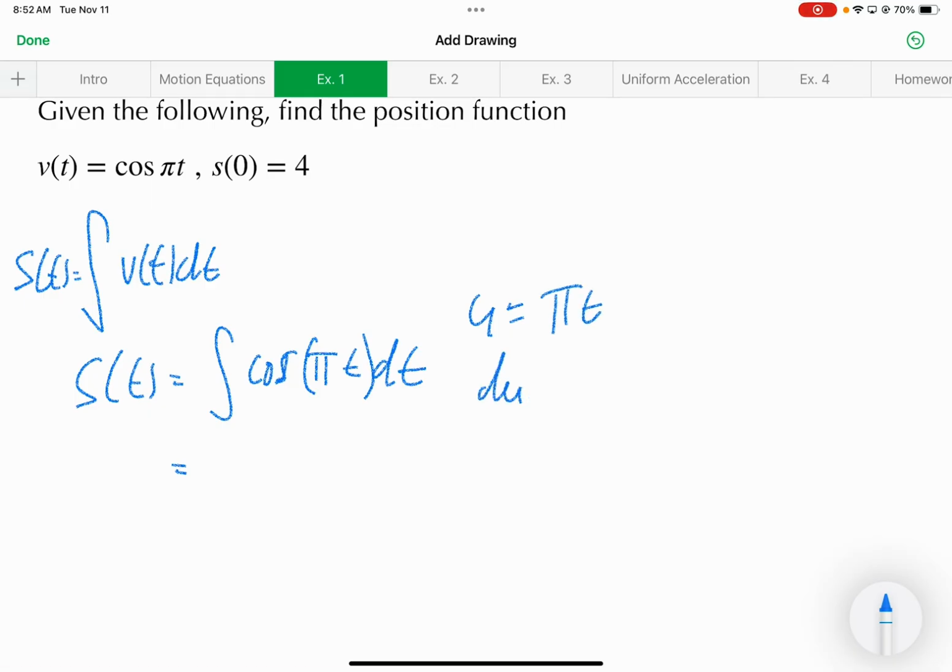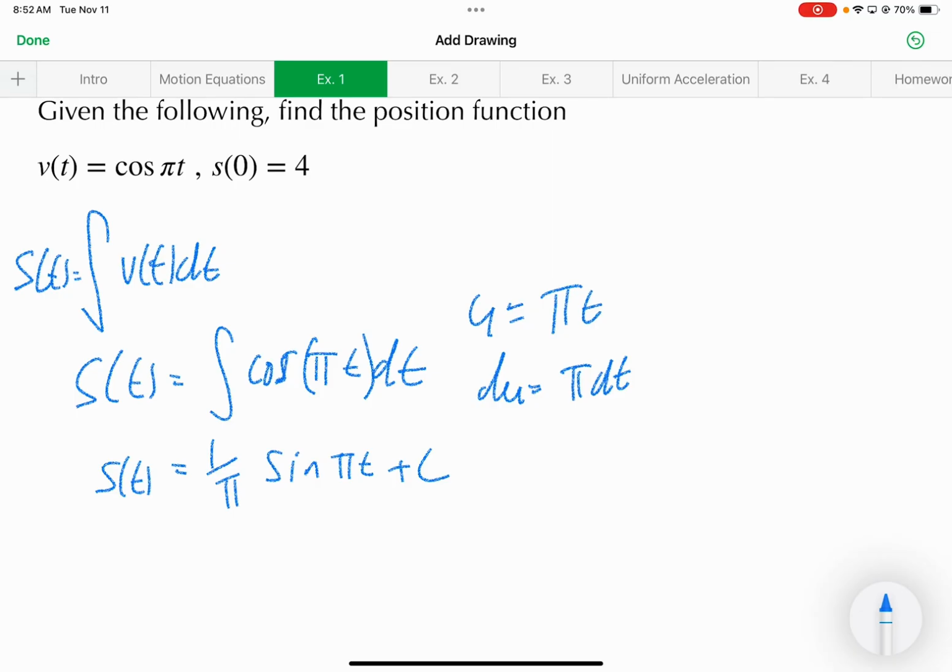Would it just be 1 over pi? Yep. So pi dt, so then we've got to divide by pi. Sine pi t over pi. I put it in front. Over pi would be fine. Either way is cool. Plus c.